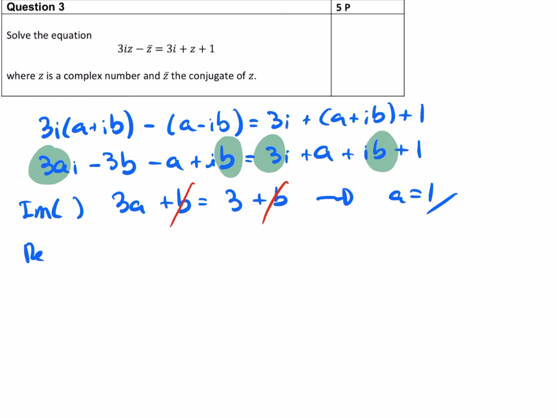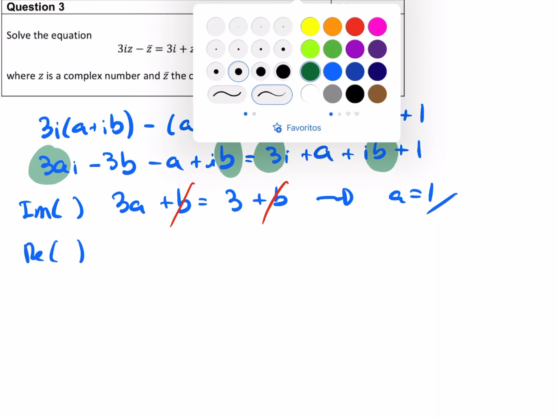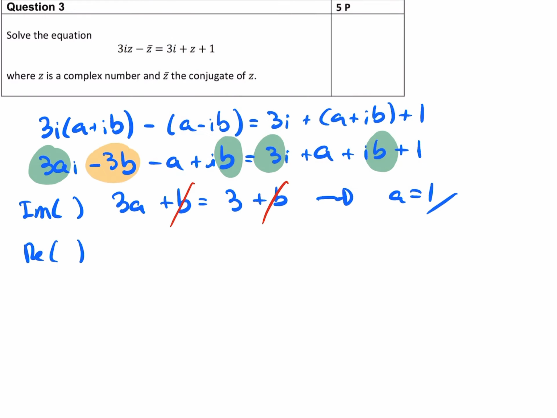Then the real part of this expression, we just take the real part, which is minus 3b here, minus a plus a, and 1. Good for us that we know the value of a. We get minus 3b minus a is equal to a plus 1.